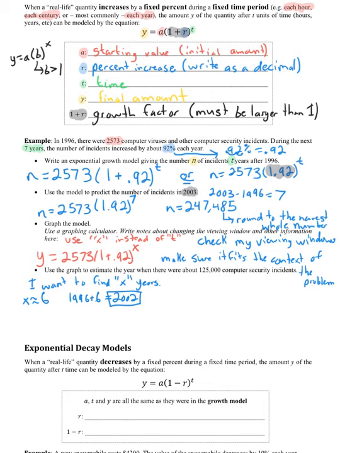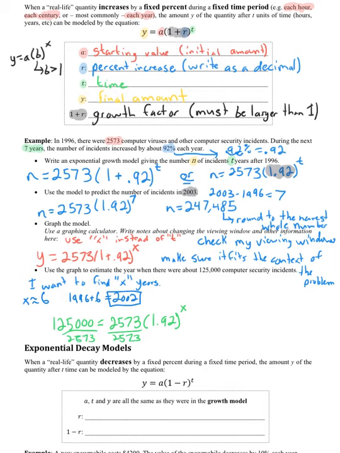Okay. And I should be able to do this algebraically as well based on what we've done now. We could have said 125,000 equals 2,573 times 1.92 to the x. And then we just divide both sides by 2573.